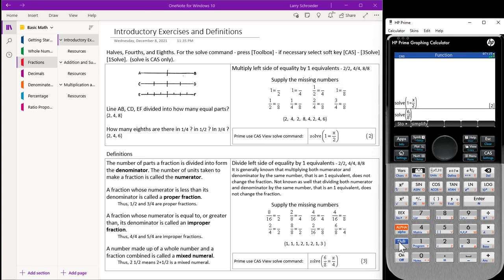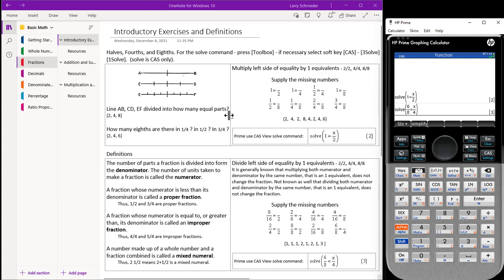We need to equal. We want x, so we use the x, t, theta, n button. Divide 4. Press enter. And the answer turns out to be 3. Notice that it gives the answer in the list with the braces around it.